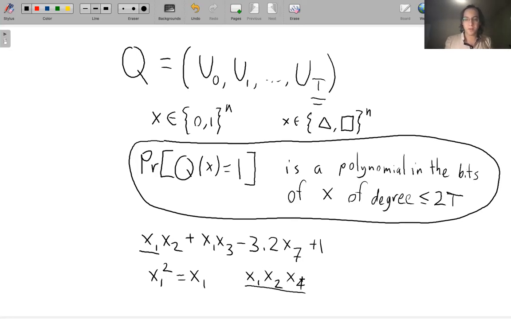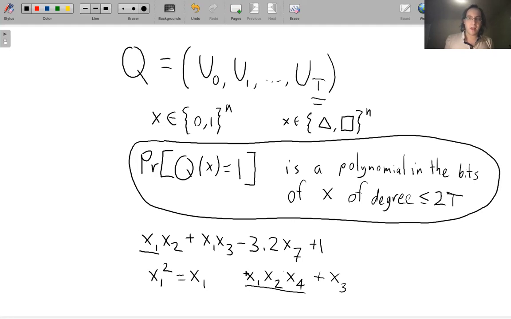And of course, some of the variables here are degree 0. For example, there's no x3. It was not included in this monomial, so it doesn't contribute to its degree. If we add it here, then of course the total degree of this polynomial is still 3. Okay, so these are the types of polynomials we're going to be dealing with.